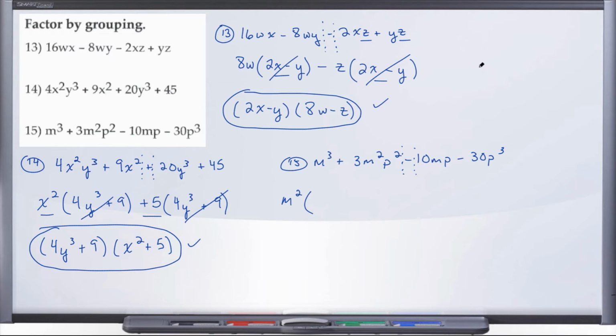All right, well, let's go ahead and rewrite the original expression that we were working with. So we had m cubed plus 3m squared p squared. And underneath each term of that original expression, we're going to write the common factor that we pulled out. And when we do that, well, this first reduction here, are we top heavy or bottom heavy on m's?